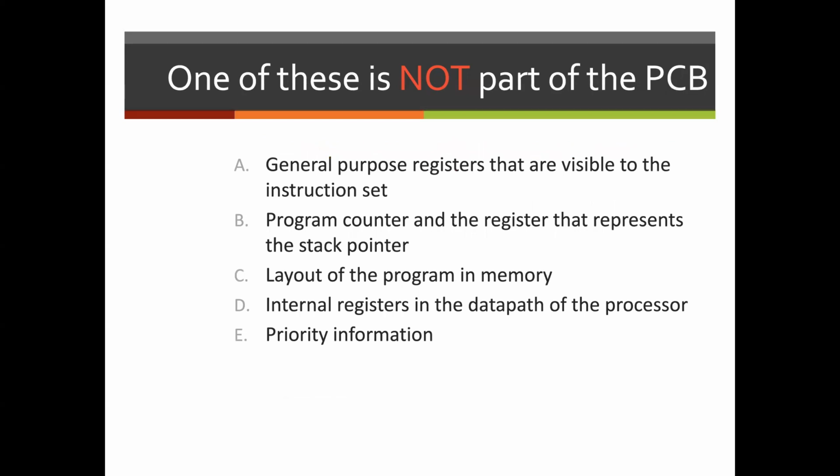Okay, and so another question is, one of these is not part of the process control block. And so A, is it going to be general purpose registers that are visible to the instruction set? B, program counter and the register that represents the stack?